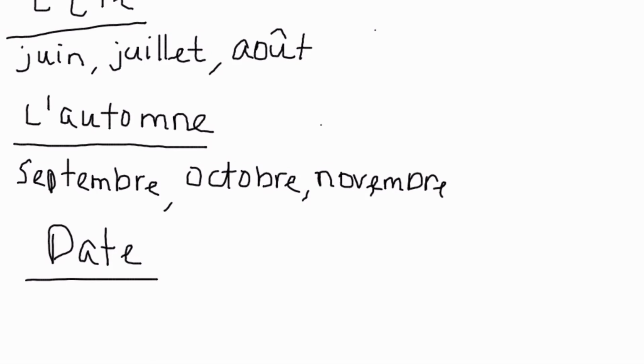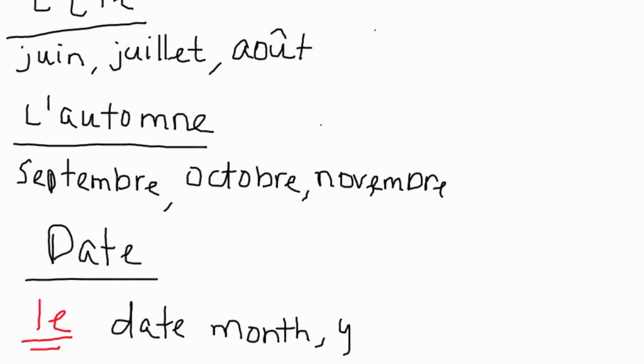In this case, for the date, we're going to use le. Always. It's not la, it's always le, because the date is always masculine. And then you would put the day, the month, there's no comma there, and then the year.